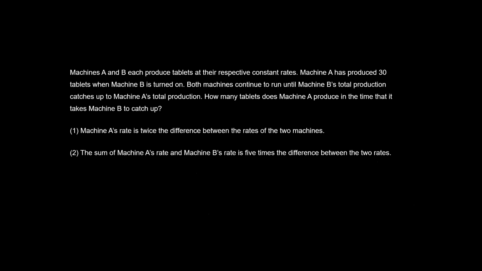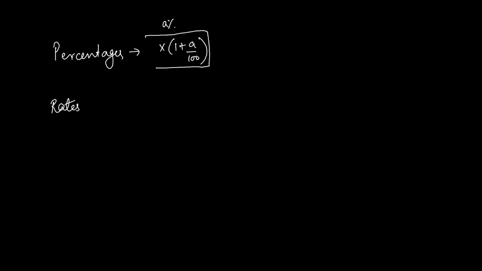Just to summarize, what I did was percentages and rates. So in percentages, we did the application of percentages, but the overall story was, if you change something by A%, this is what happens to it. And the applications of this were in interests, in profit and loss, and progressions.